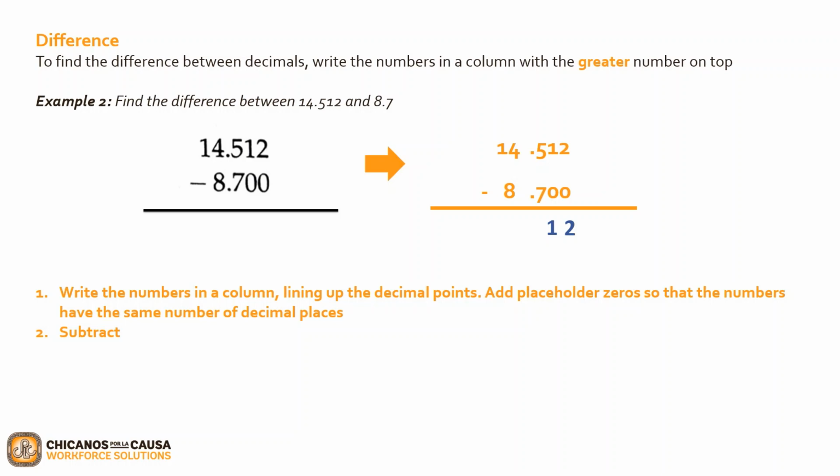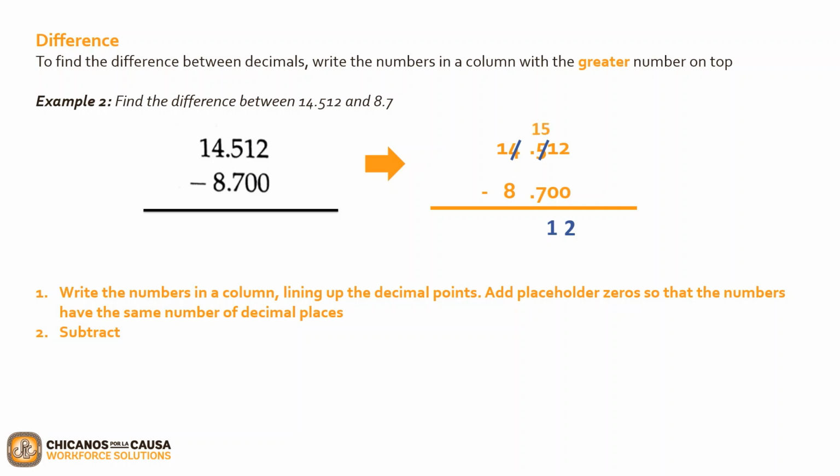Now, you can see here that we're kind of in a tricky situation because we have 5 minus 7. Now, we can subtract that, but really what we're going to want to do is get a number from the left of that. So we're going to borrow. So what that means is that we are going to change both 5 and 14.